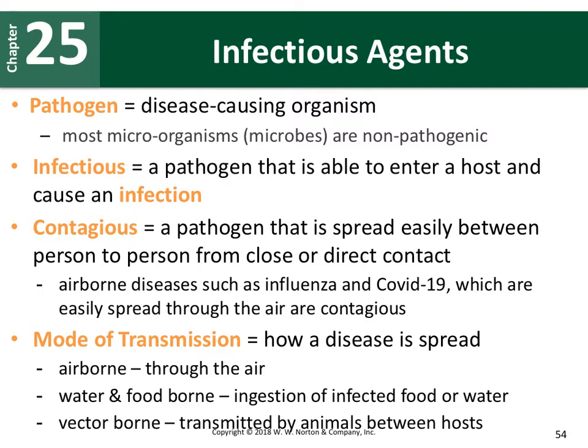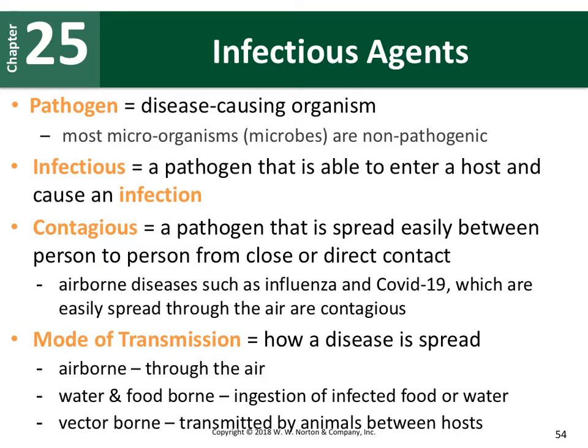So, a pathogen is a disease-causing organism. Most microorganisms don't actually cause disease. Either we never get infected, or if they're part of us, our immune system keeps them at bay.